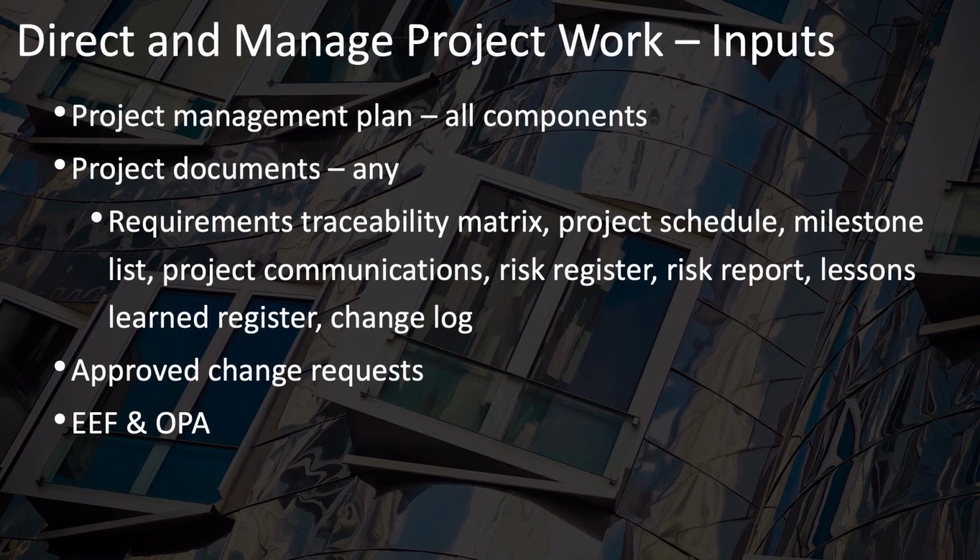But really it could be anything. Also specifically listed is approved change requests, and we'll get into that a little bit later, as well as some enterprise environmental factors and organizational process assets.